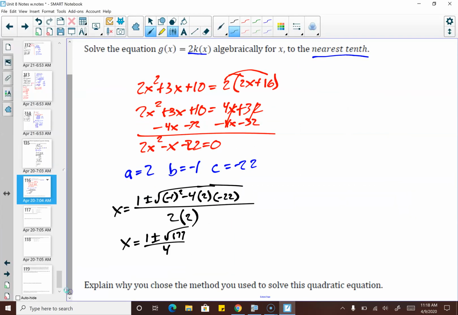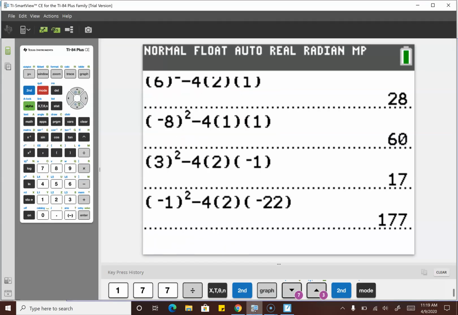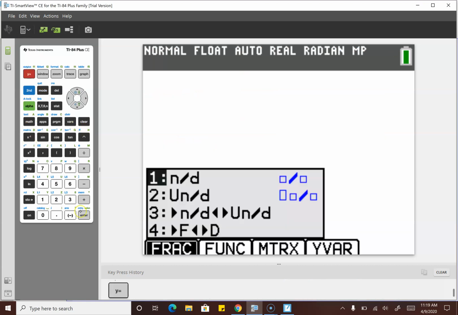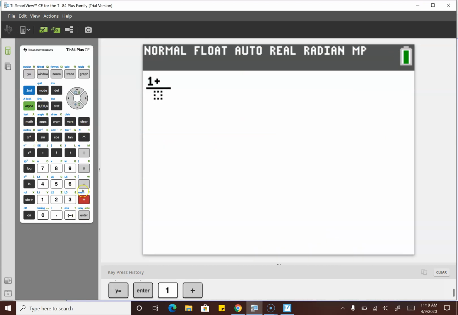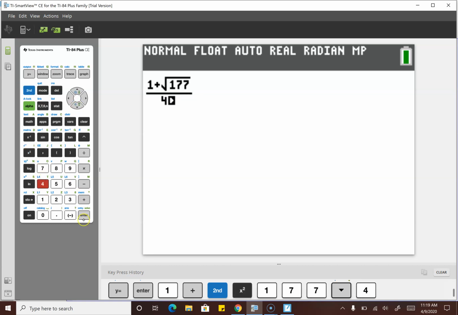Now, actually, as I think about it, if we're going to round to the nearest tenth anyway, it's kind of irrelevant if we split it, because we're going to let our calculator do all the work anyway. So we have 1 plus square root 177 over 4, and 1 minus square root 177 over 4. So on the calculator, alpha y equals, to get my fraction, 1 plus the square root of 177 over 4.